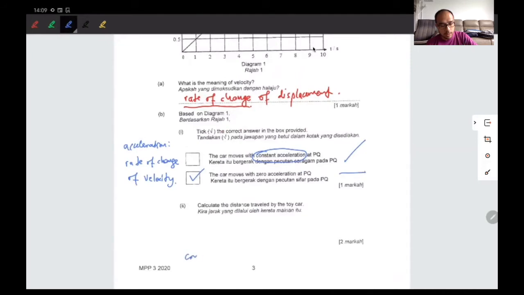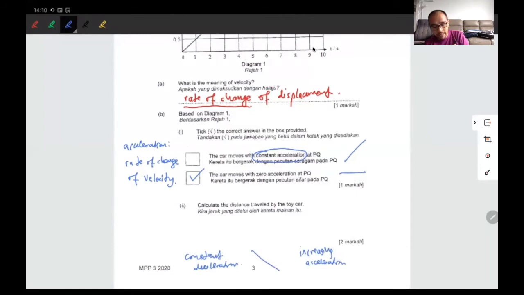Okay, kalau constant deceleration, means dia makin perlahan, the shape of the graph will look like this. Okay, kalau dia increasing acceleration, this is rare. Ini jarang ditanya, but you should know lah.